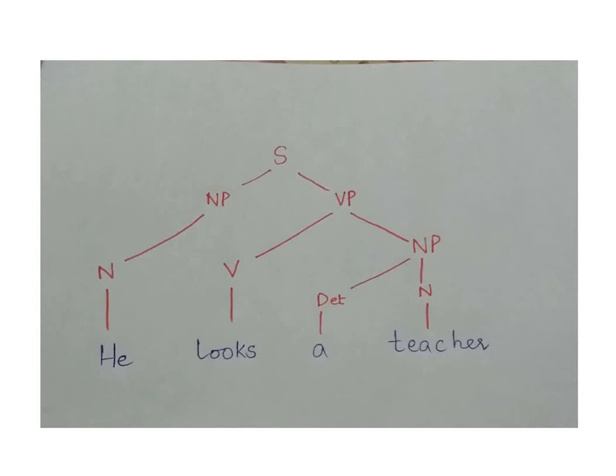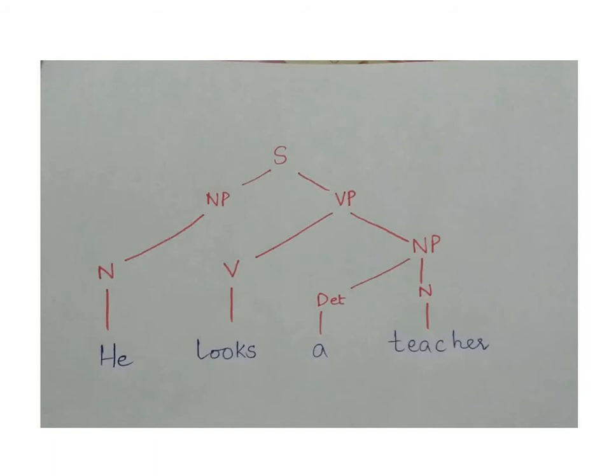The first sentence is "He looks a teacher." When you are analyzing your sentences, the first thing you have to do is write the biggest unit, that is the sentence.